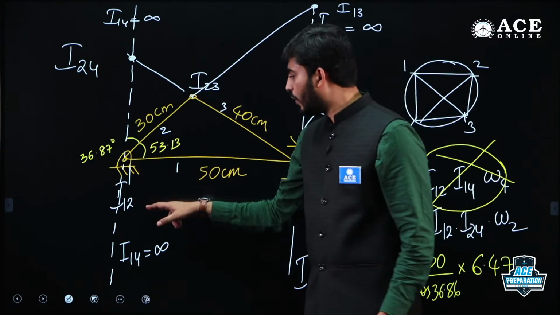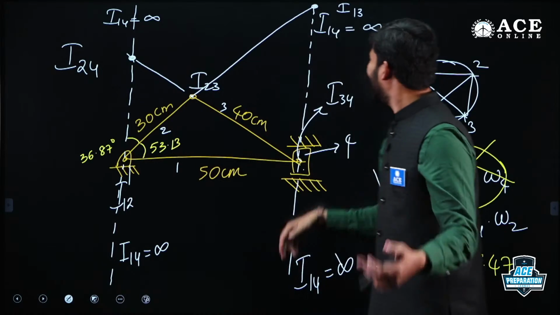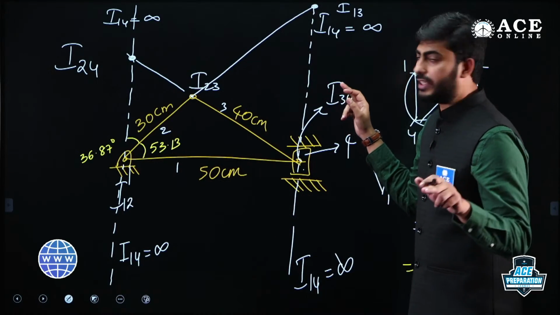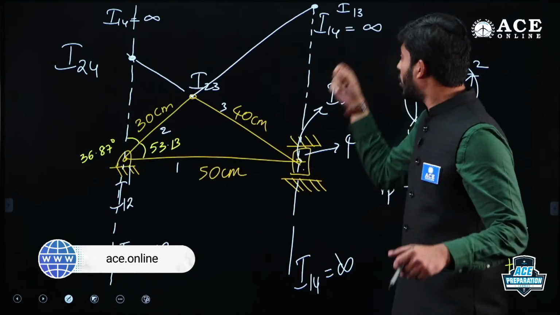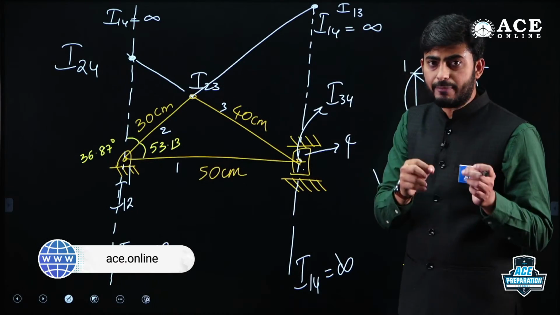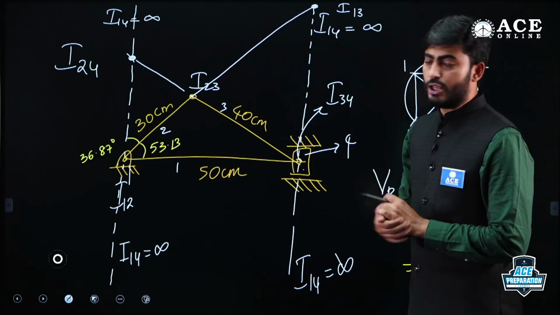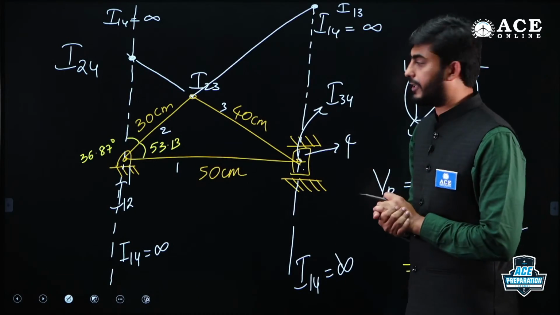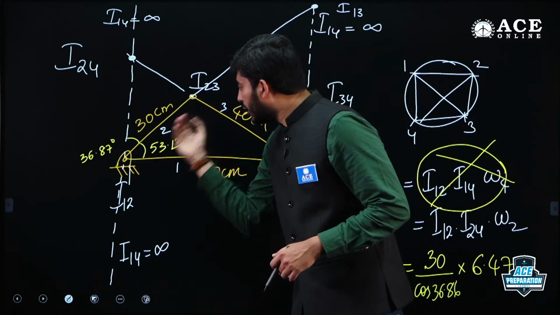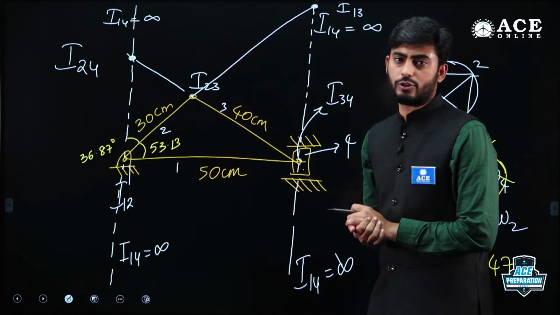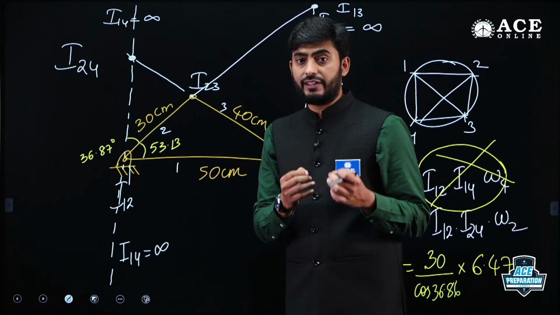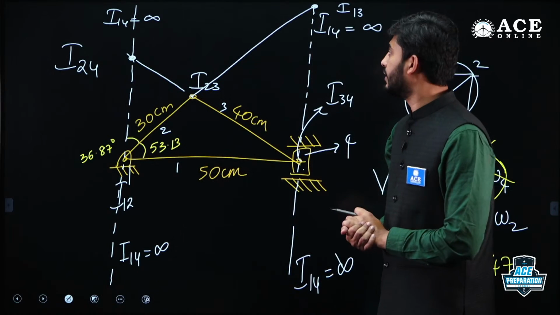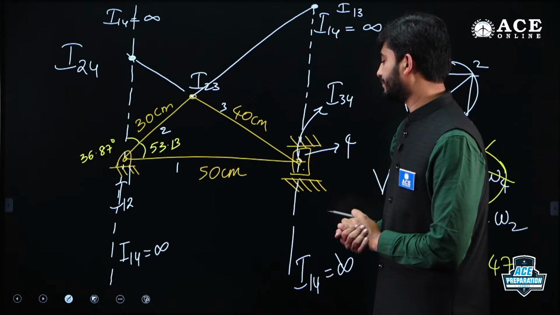I13 is the absolute instantaneous center of link 3, because when I write 1 3, 1 is the fixed link. 2 and 3: link 2 is also moving, link 3 is also moving. So I23 will be the relative instantaneous center, guys.